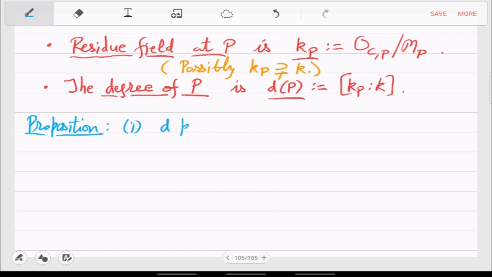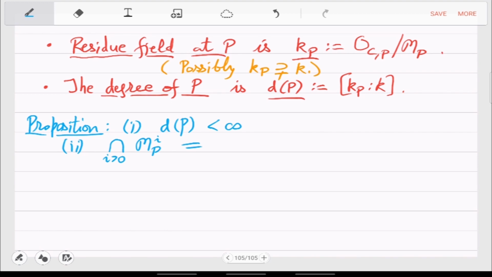So first, the degree of a point is always finite. That's an easy property. The second property is, if you take the intersection of all possible powers of these maximal ideals, you get what?